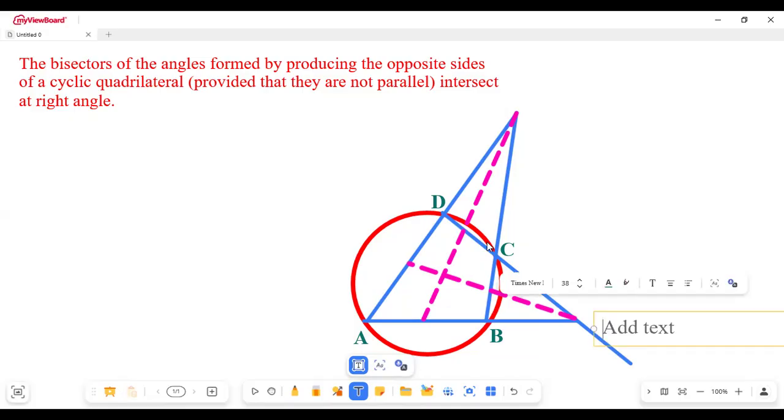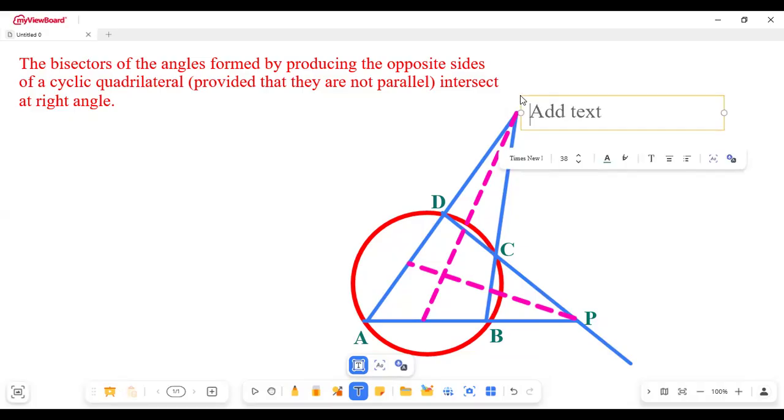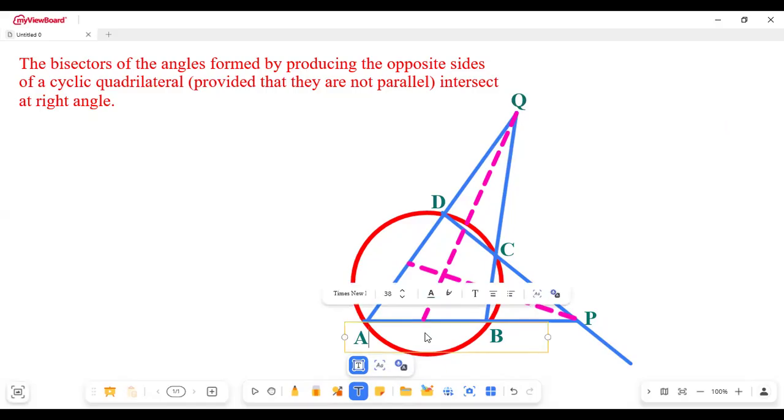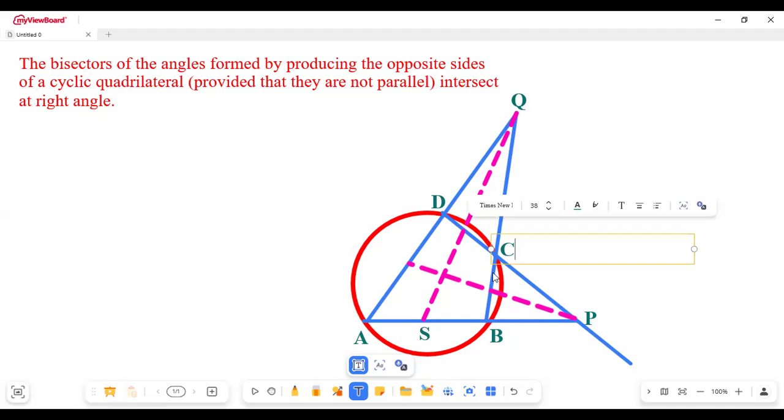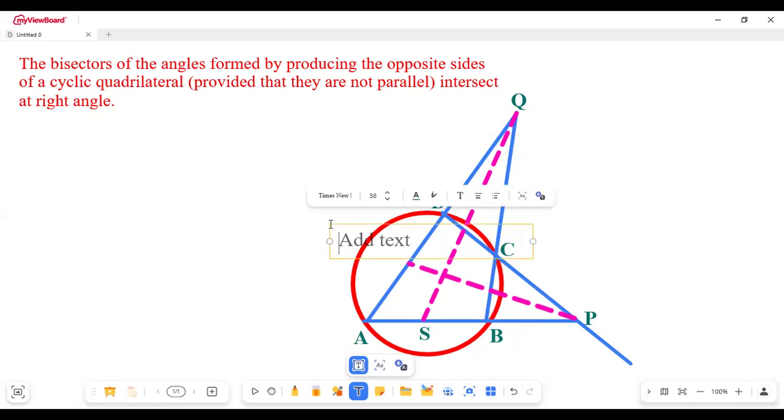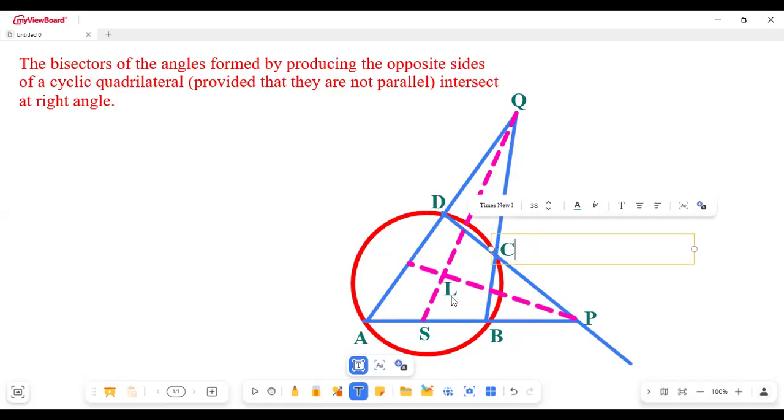We give the name that this one is P, and this one will be Q. Now we have PQ, and this one will be S. Name this point as L. So basically we have a drawing here.